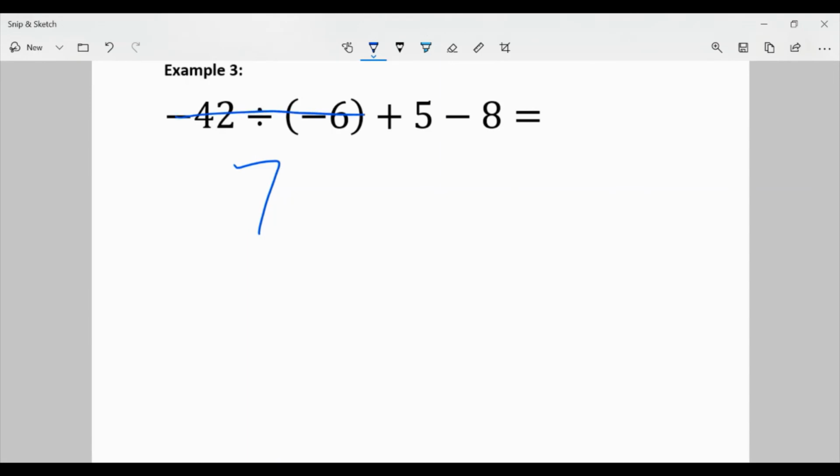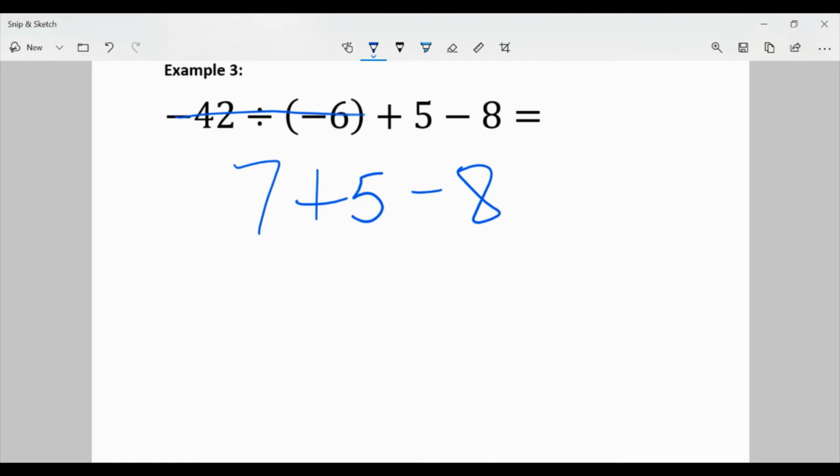So we're done with this part, and I can go ahead and bring the rest down. Now in this part of the equation, I have 7 plus 5 minus 8. There's no multiplication or division left. So with just addition and subtraction left over, I can just go from left to right.